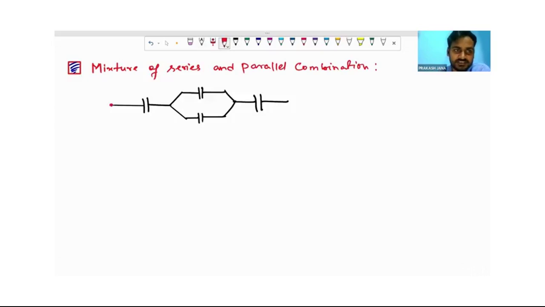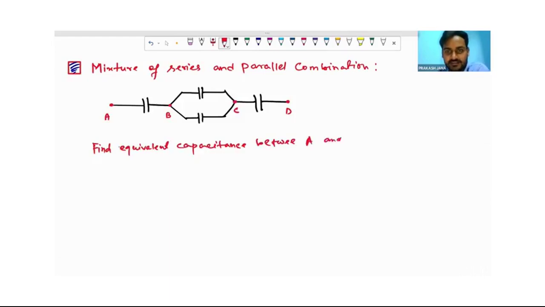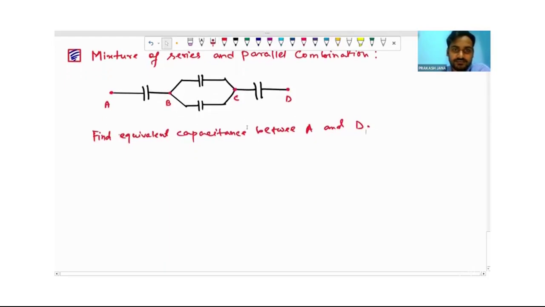Suppose this is point A, this is point B, this is point C, this is point D. The question is to find the equivalent capacitance between A and D. Okay, so we'll solve it.